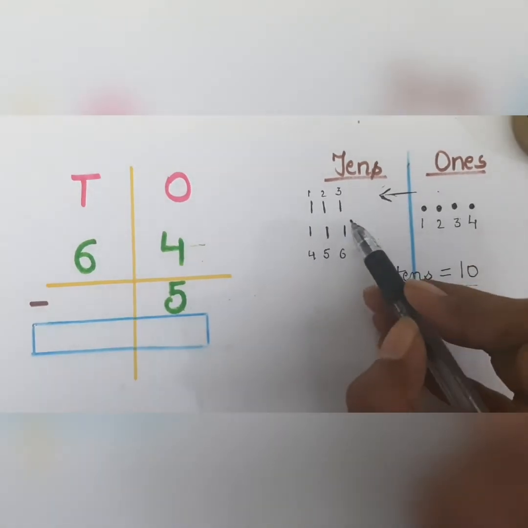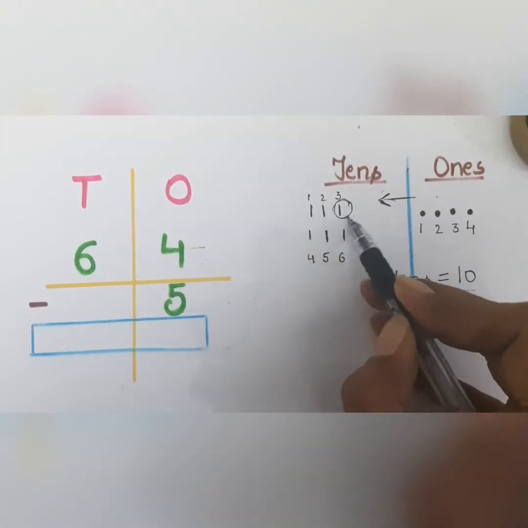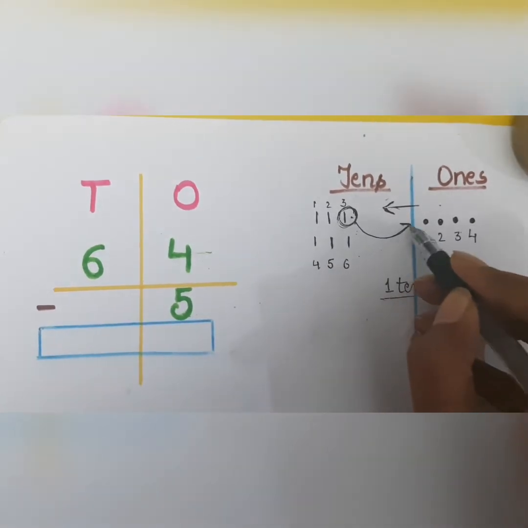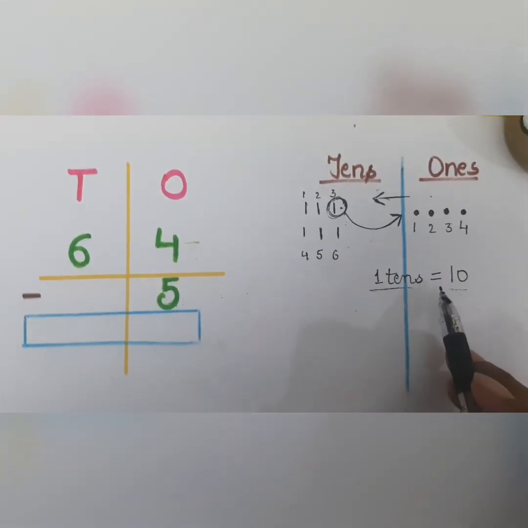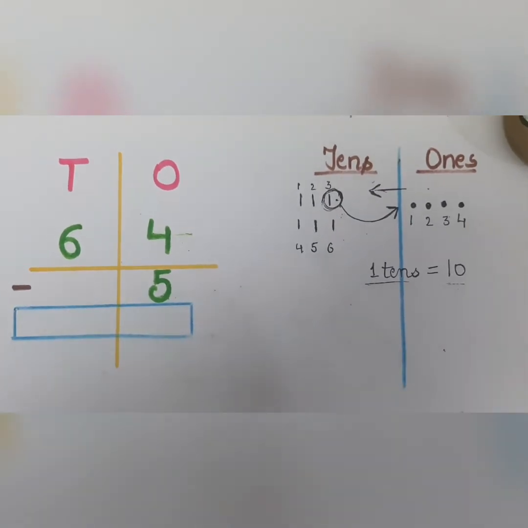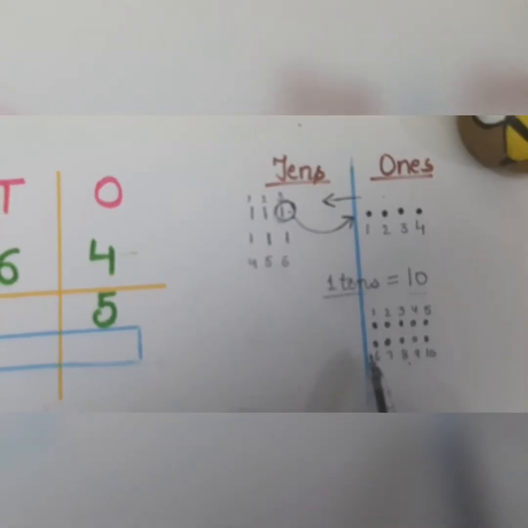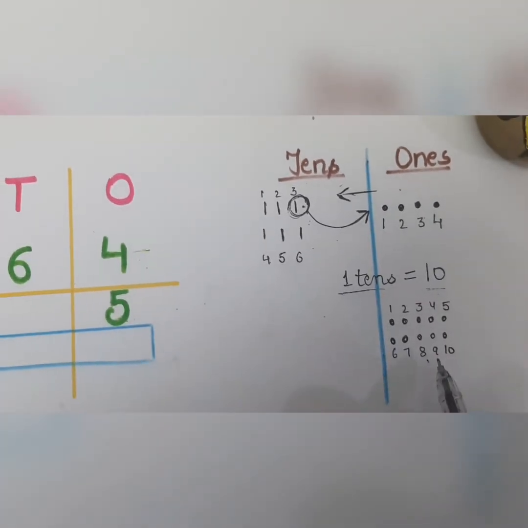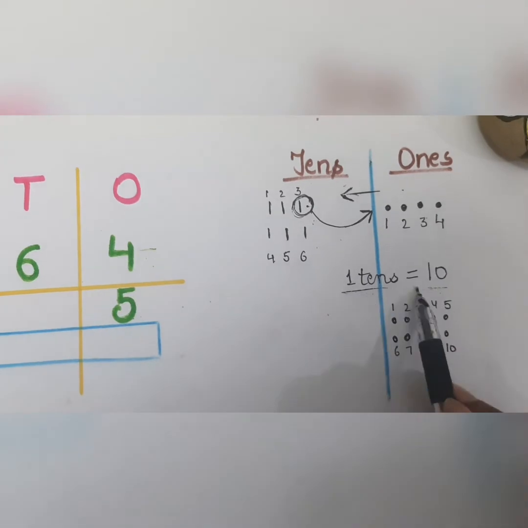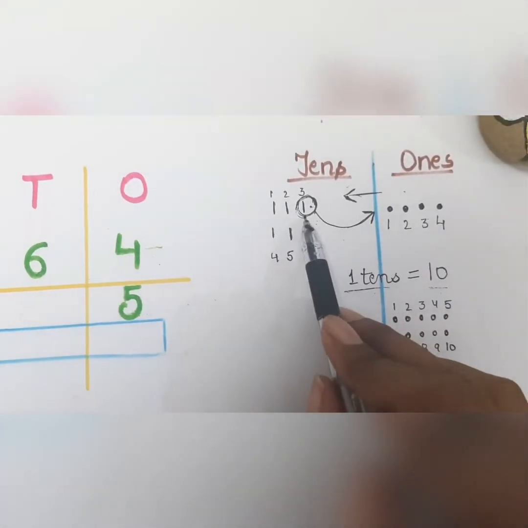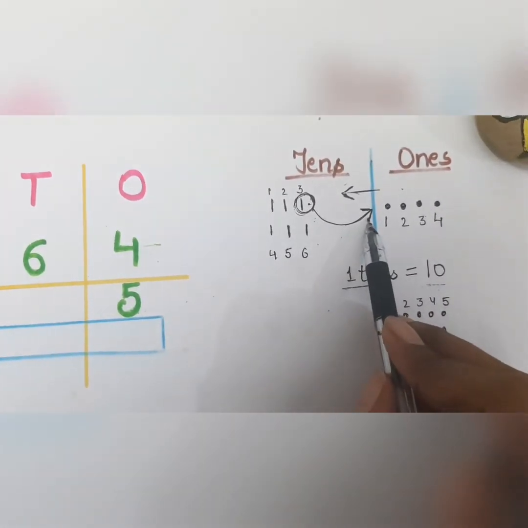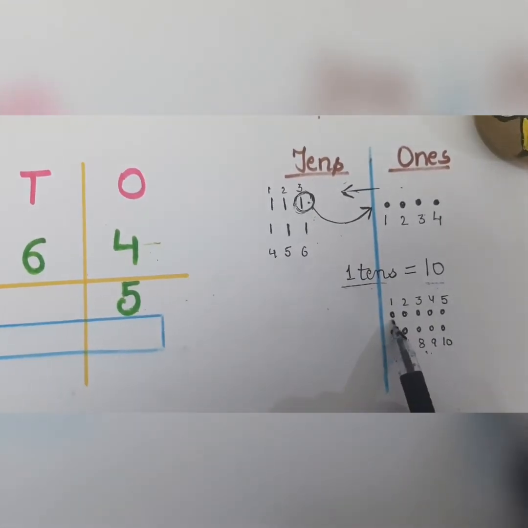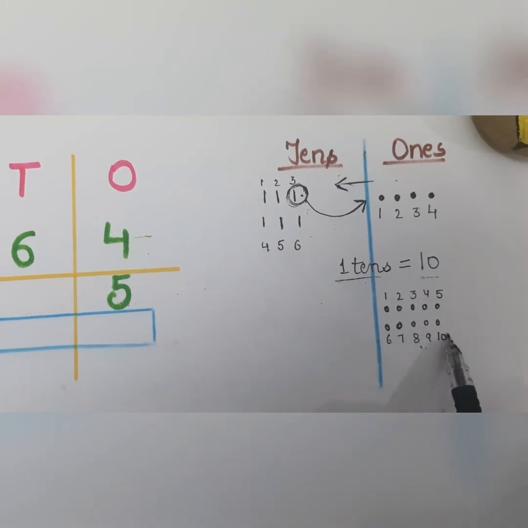When tens gives 1 ten to ones, 1 ten has 10, so we draw 1, 2, 3, 4, 5, 6, 7, 8, 9, 10.